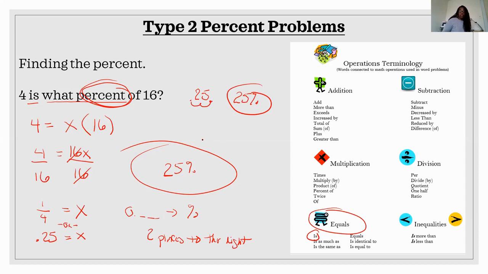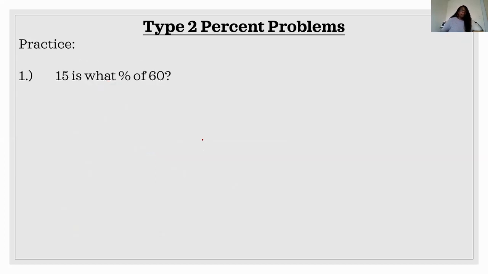All right, so let's do a couple practice with that. So 15 is what percent of 60? So again, if I set it up, I got my 15 equals, what percent, which we don't know, so that's x, of multiplication 60.